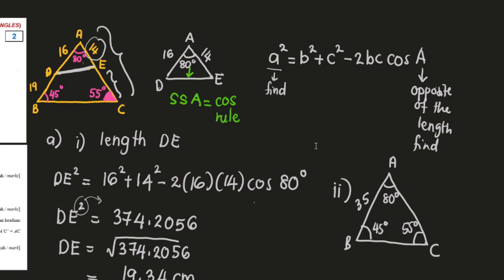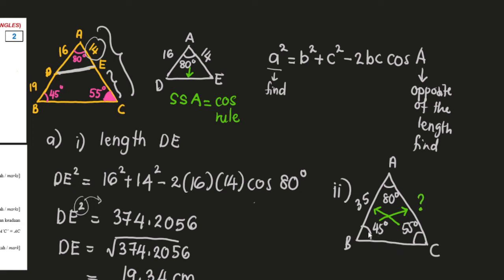So what can we use here? You try to find whether your angle has an opposite length or not. For example, here the angle C has the opposite length of 35 cm, and angle 45 has the opposite length of AC, which is what we're going to find.